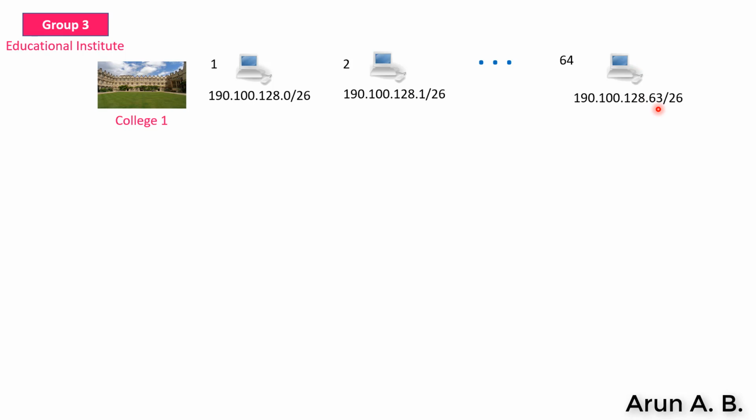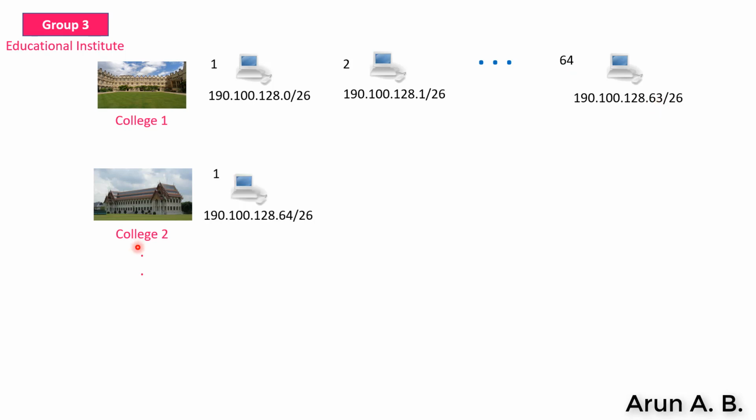You can clearly see here, we started from 128.0 and ended at 128.63. We started from 0 and completed at 63, as we have a total of 64 devices, or 64 IP addresses. The very next IP address will be 128.64. So that will be assigned to college 2.